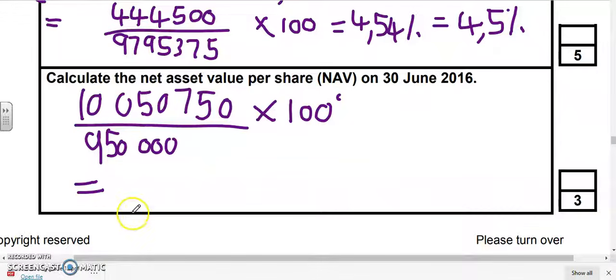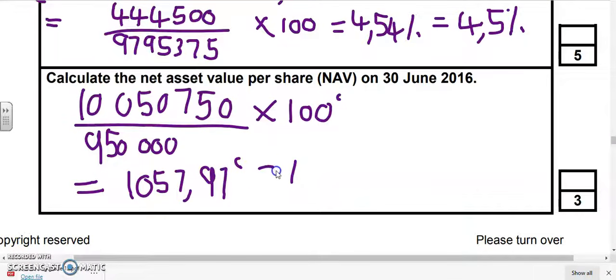I get 1,057.97 cents per share. That's quite massive. Effectively, if you want a whole number, it can be 1,058 cents per share. Right, that's that part.